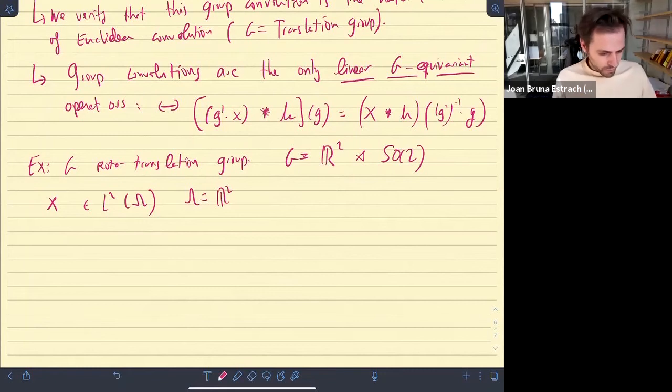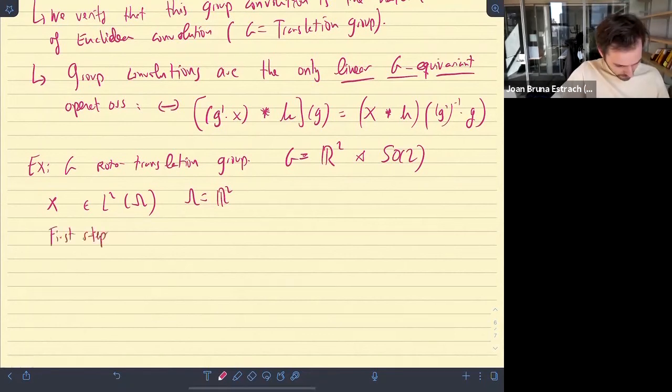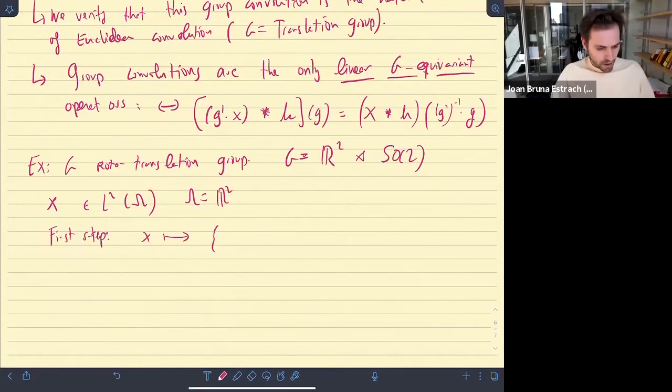So the first thing we do, like the first step of the transform is the same. We go from X to all the possible convolutions.